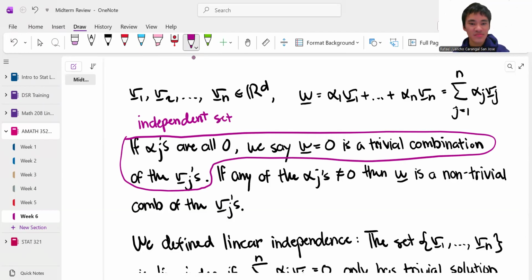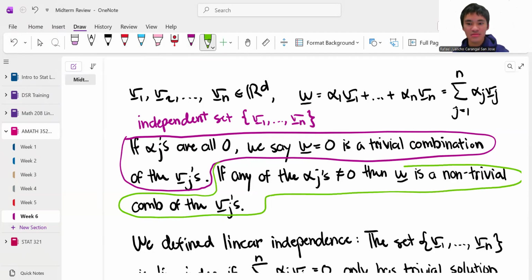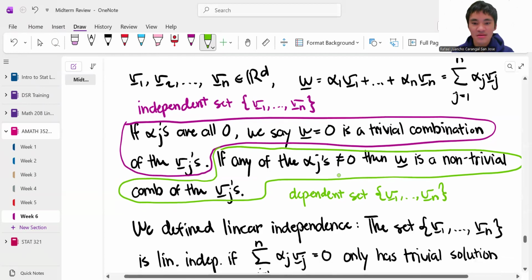So this is an independent set from v1 to vn. And you guessed it, we can say that this other one here is a dependent set containing v1 to vn. Cool.